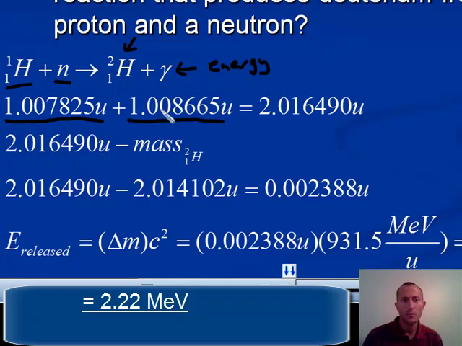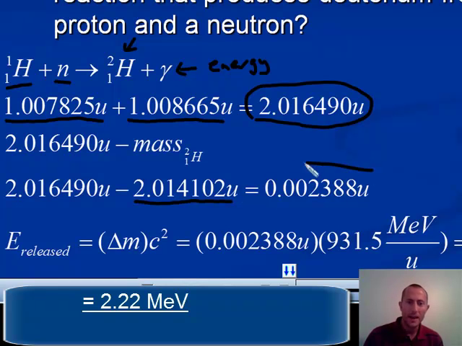The neutron has a mass of 1.008665 atomic mass units, and so here is the total mass of the products. Now, if we then look up the mass of our deuterium atom, we find that it's down here, it's 2.014102, and that gives us a mass difference or a mass defect here of 0.002388 atomic mass units.